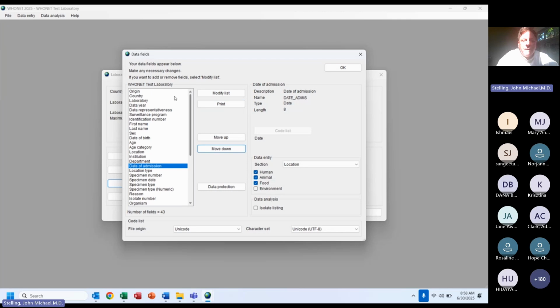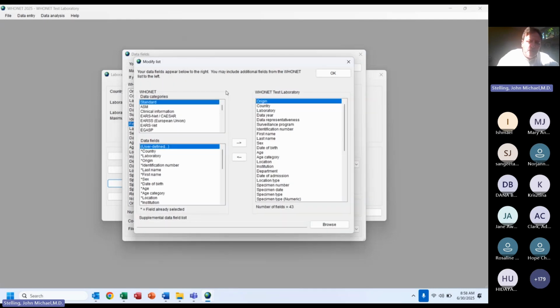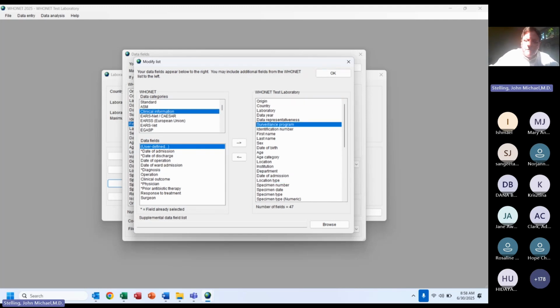Not very interesting. First name is 20 characters, but I can make it 30 or 5 or 10. I can change that. I can go to modify the list, and I can put the date of discharge, the diagnosis, the name of the doctor. So you can add questions, and you can also remove questions if there's certain things you don't use, you can get rid of them.